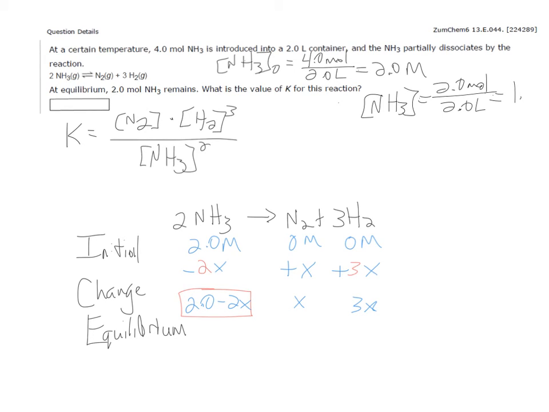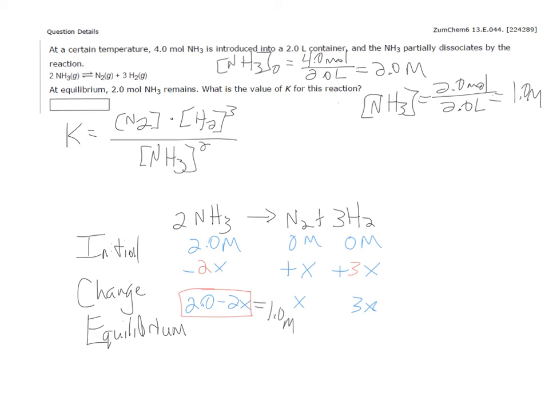So that's 1 molar. Going down to our ice table, now we have something we can work with. We now know that the expression 2 minus 2x is equal to an actual numerical concentration of 1.